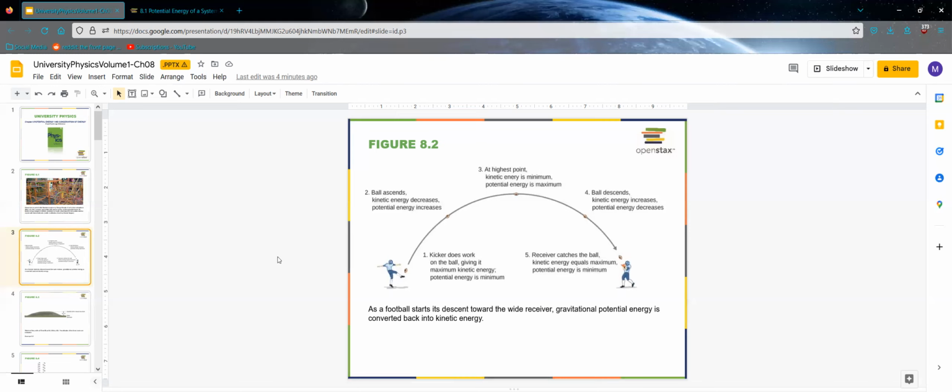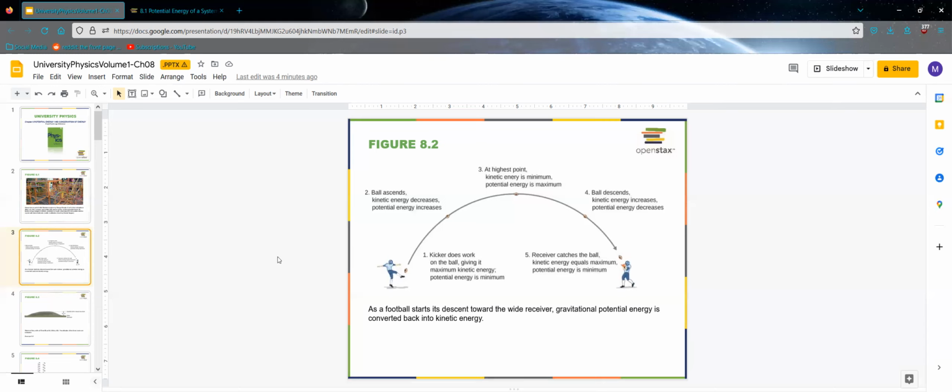So potential energy, according to gravity at least, is maximized when you're at the highest point of your travel. And then as the ball continues to fall down, it is losing its potential energy and again acquiring kinetic energy as it speeds up from the fall. So when the receiver catches the ball, it catches it at a point of maximum kinetic and minimum potential energy.